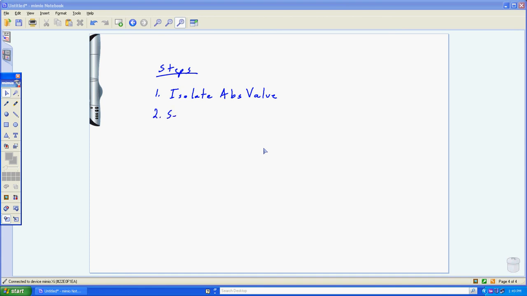Step 2, set up both the positive and negative equation, so x equals 2, x equals negative 2, that kind of jump. And step 3, solve for x, or whatever your variable is.